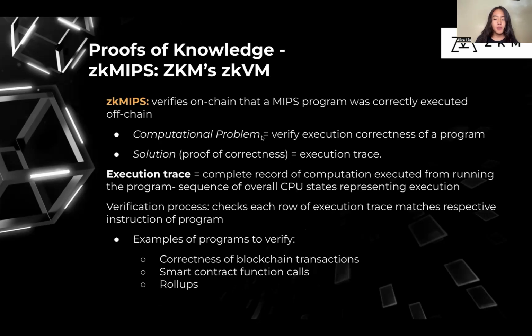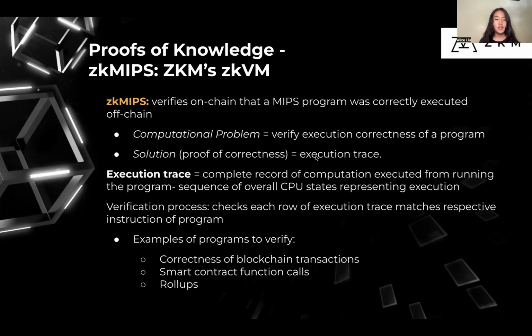Now, the computational problem within ZKM here is to verify the correctness of the execution of a program, and the solution comes in the form of a proof of correctness, and that really comes in the form of an execution trace. The execution trace you can think of as a complete record of the computation that's executed from running the program.